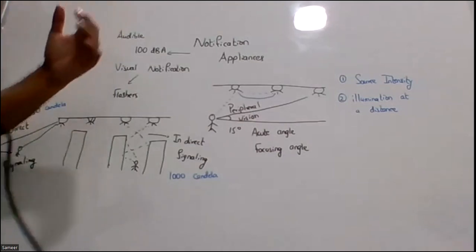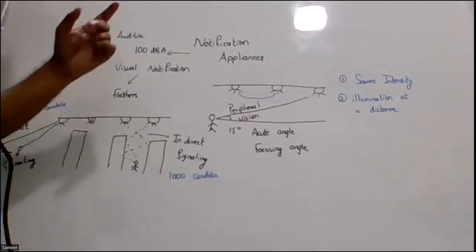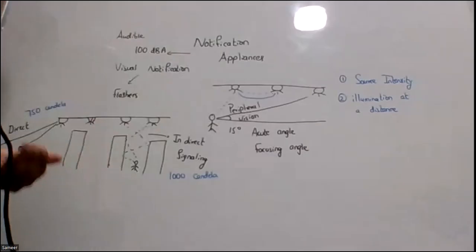So the illumination distance not only affects the source intensity, but the source intensity is affected not only by the distance but also by the environmental conditions.